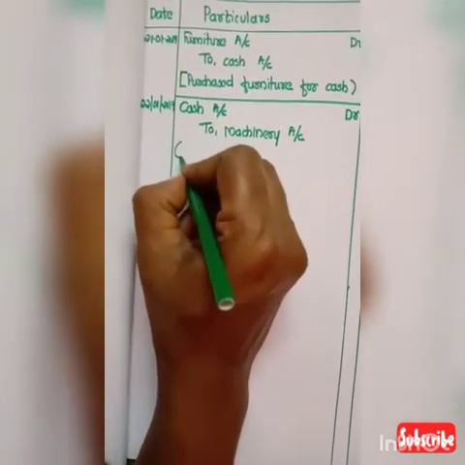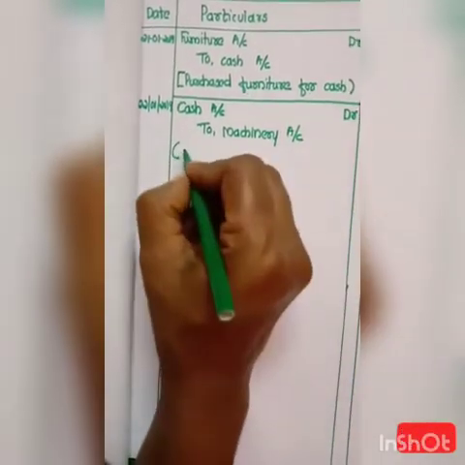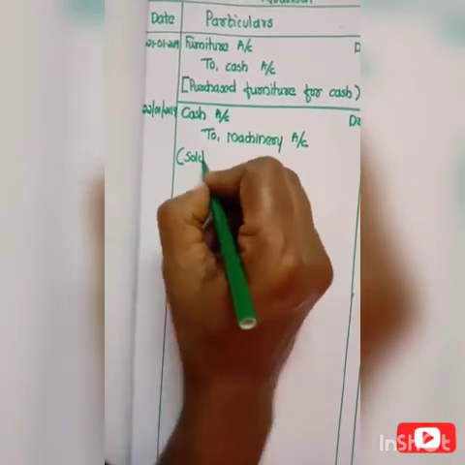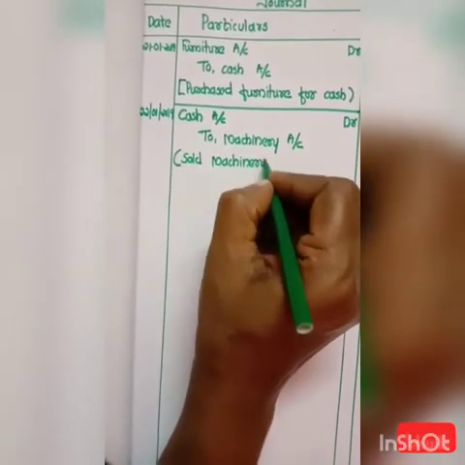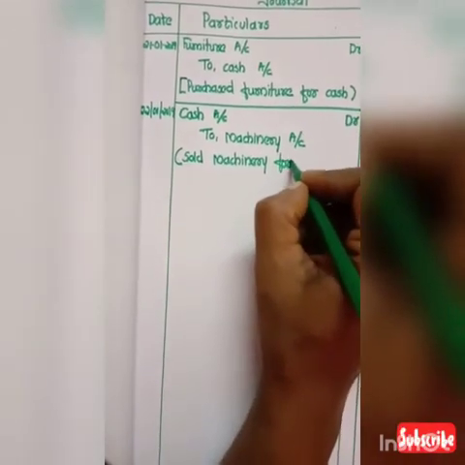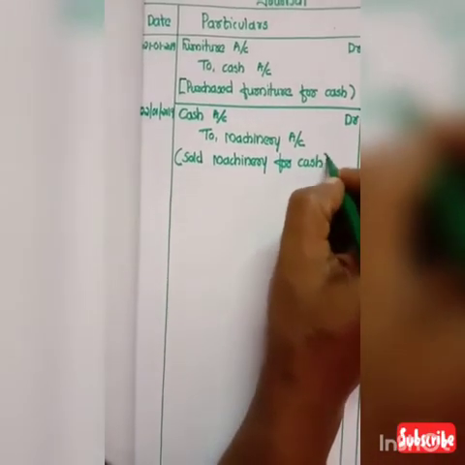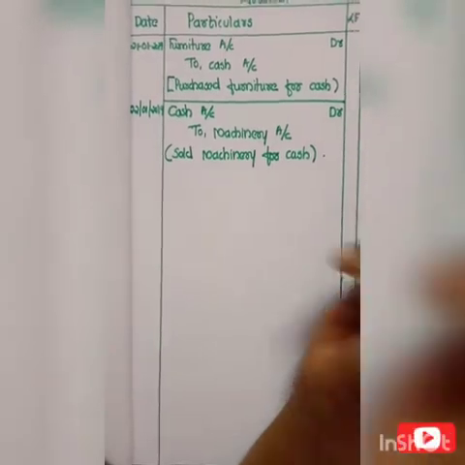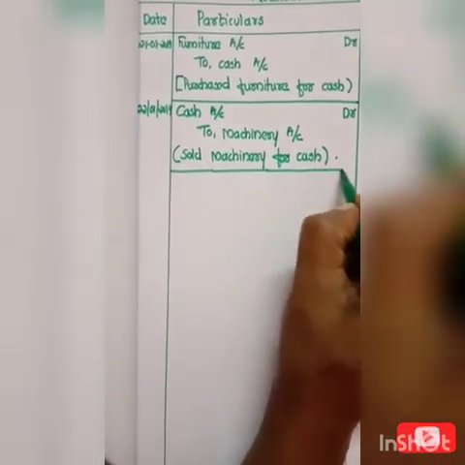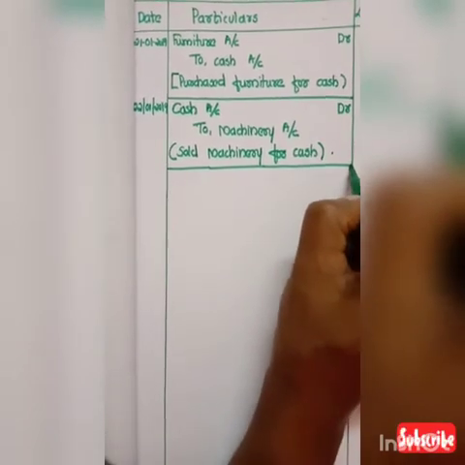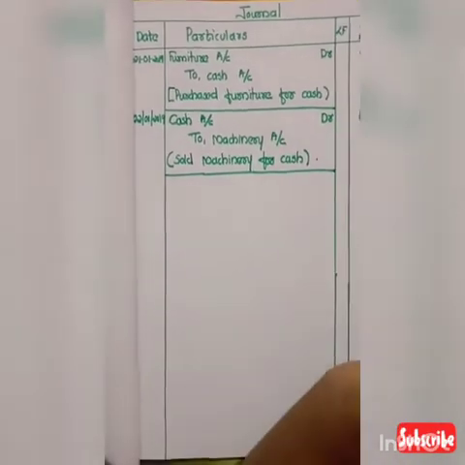After that, we can write the narration: sold machinery for cash. Then draw a straight line in the particular column, and this transaction is over.